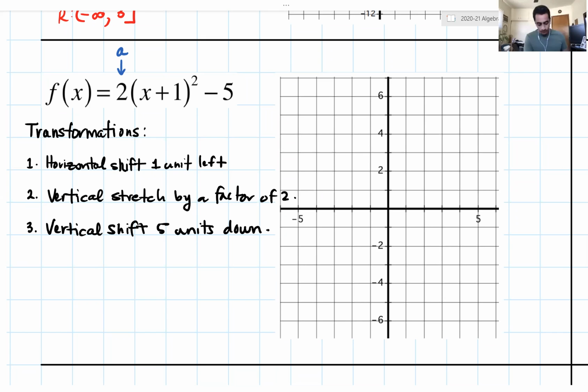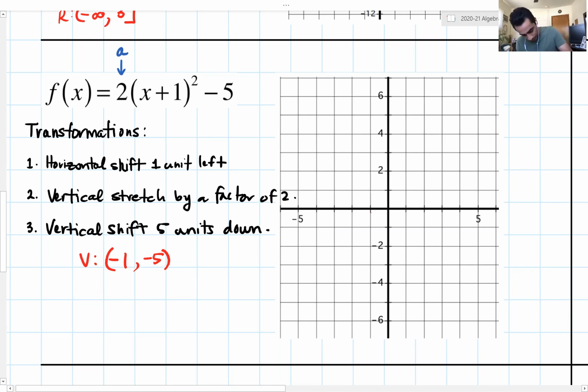So let's focus on getting this pattern down correctly. So the vertex, what is my vertex in this particular case? Got to start there. We have -1, -5. So we're going to go 1 to the left, down 5. Here's our vertex.